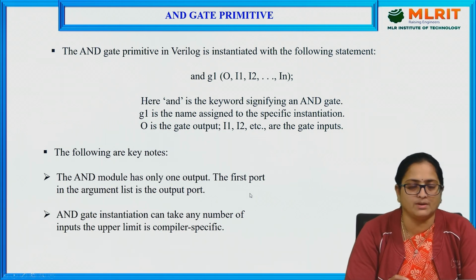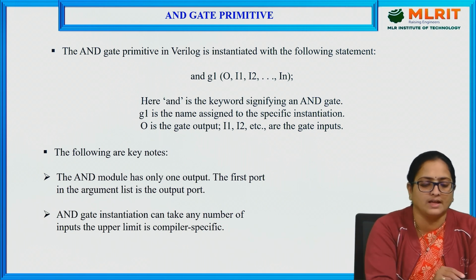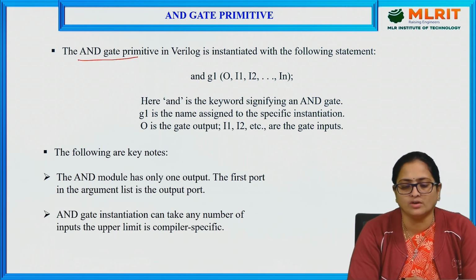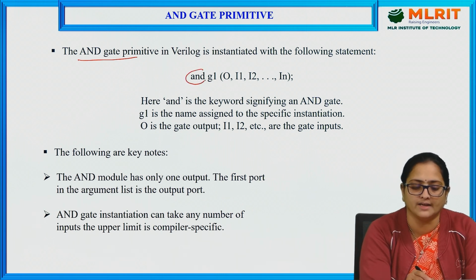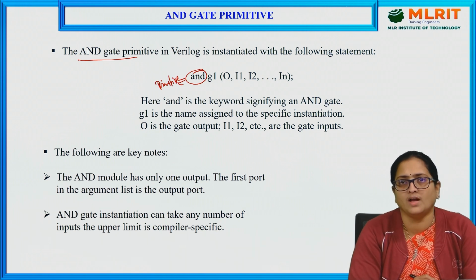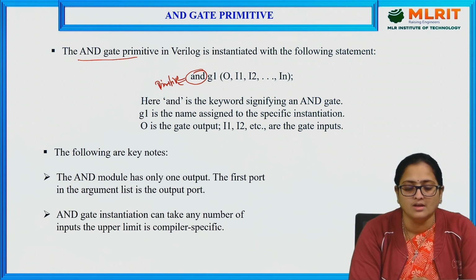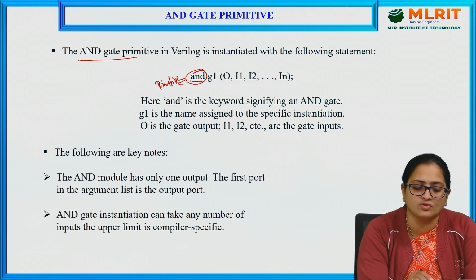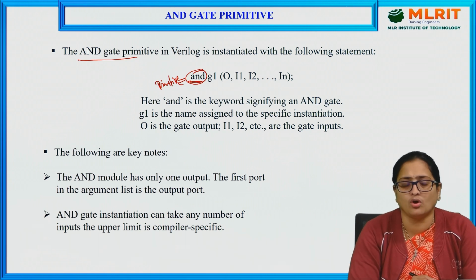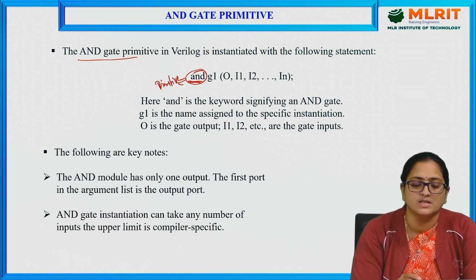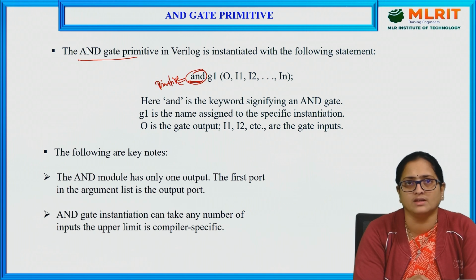Next, for example, the AND primitive. The AND gate primitive in Verilog is instantiated with the following statement: and. This is a primitive. In previous videos, we discussed that Verilog is case sensitive. So the primitives which are available in Verilog will be in small letters, not capital letters.